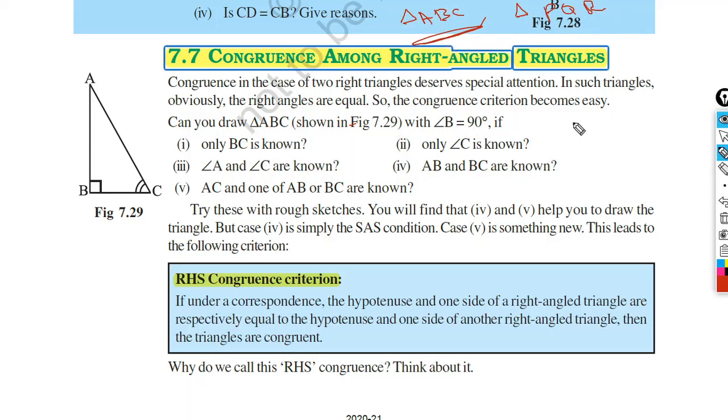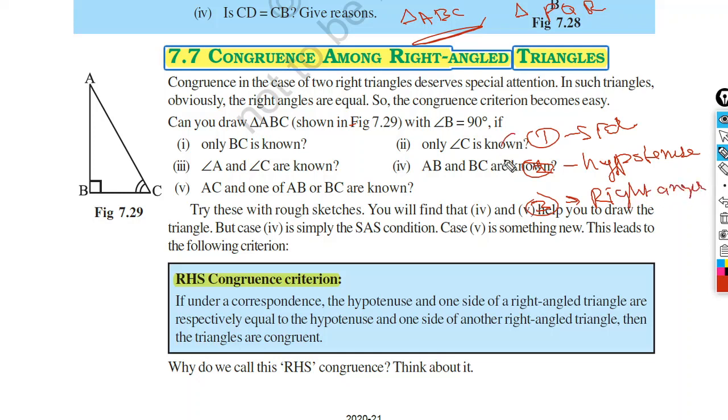Suppose one side, the hypotenuse, and the third part is a right angle. If this much data is given, then we can draw a triangle. Suppose a right angle is there, the hypotenuse is there, and one of the sides is given, so that we can draw a triangle.